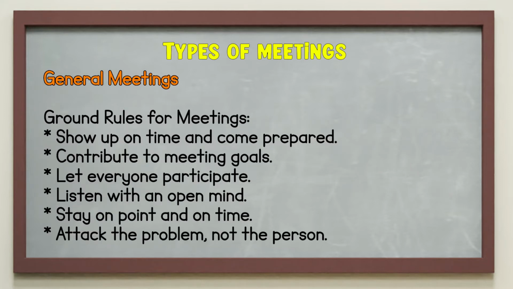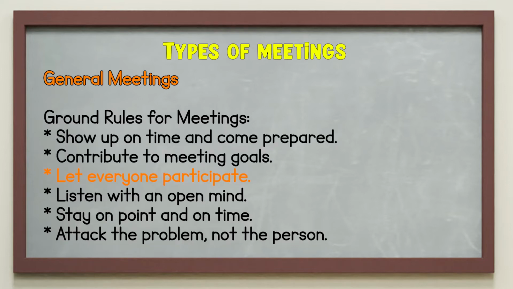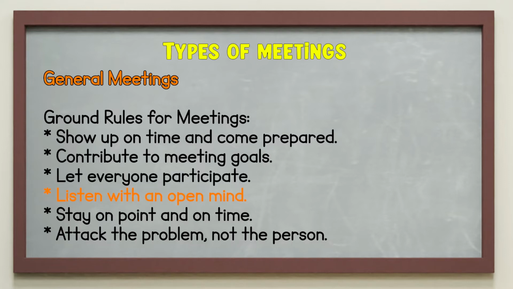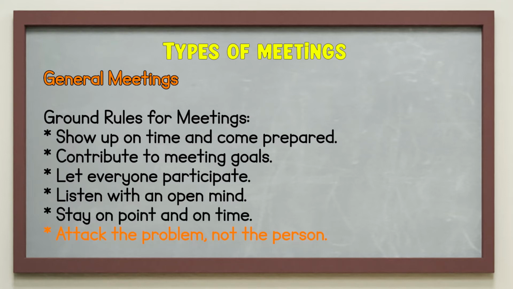Ground rules for this type of meeting are: show up on time and come prepared. Contribute to the meeting's goals. Let everyone participate. Listen with an open mind. Stay on point and on time. Attack the problem, not the person.